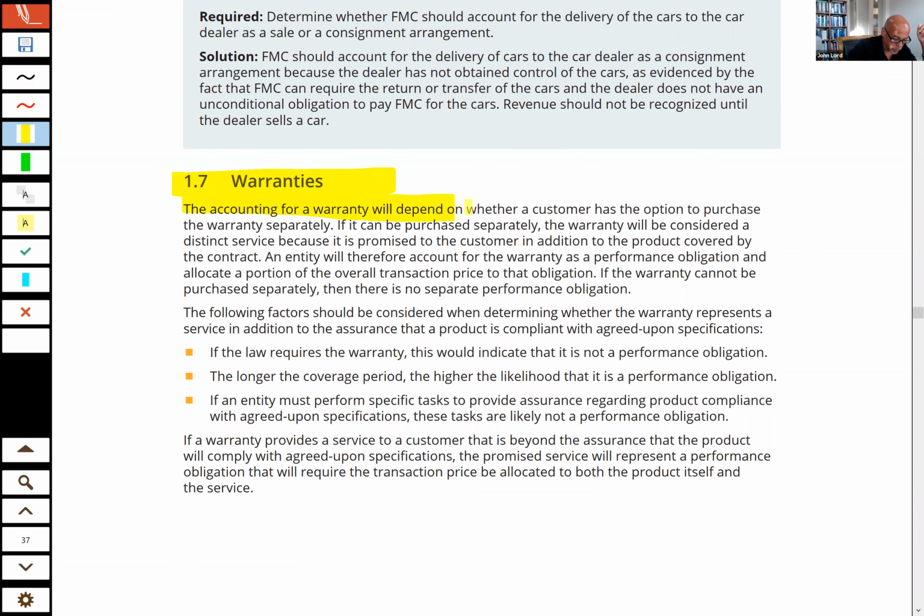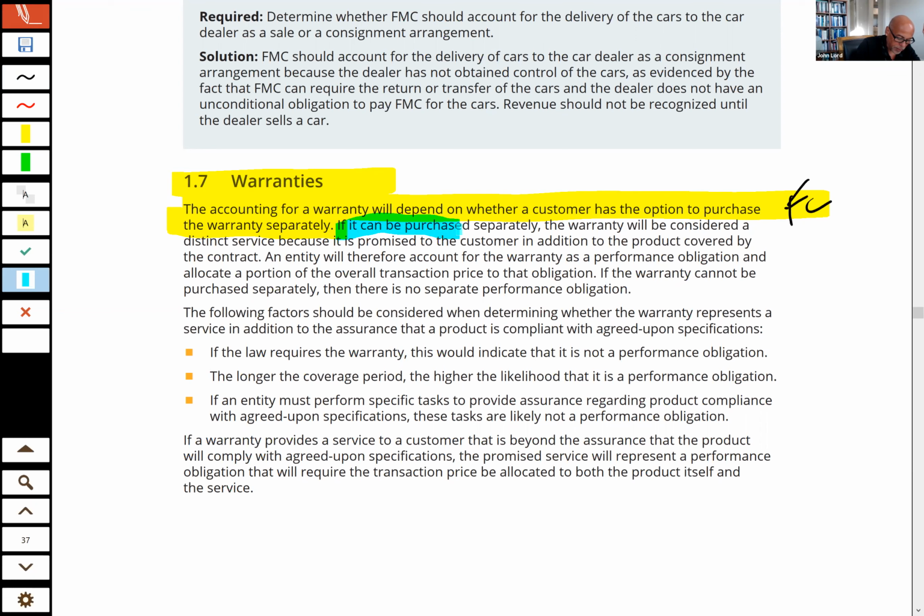The accounting for warranty will depend on whether the customer has the option to purchase the warranty separately. You know what? Just flashcard that, because that's a very obvious, simple thing that everybody understands that will just trigger what you're supposed to do in these cases. Okay, but let's continue reading a little bit more.